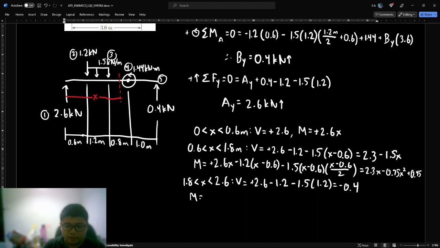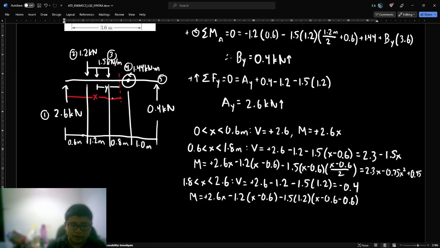For the moment equation, we have plus 2.6x minus 1.2 times x minus 0.6 minus 1.5 times 1.2, this is your force, times x minus 0.6 minus 0.6. Now, the reason why we have two 0.6s here is because one is going to be the centroid of the force and the other is the 0.6 meters initial.